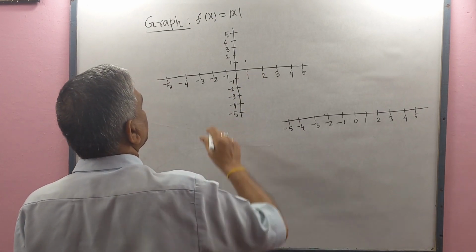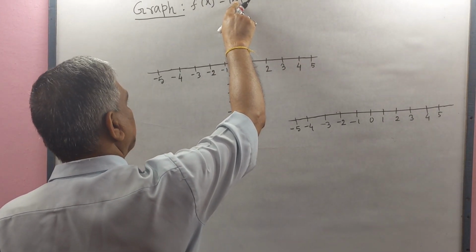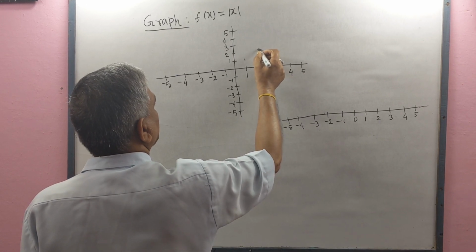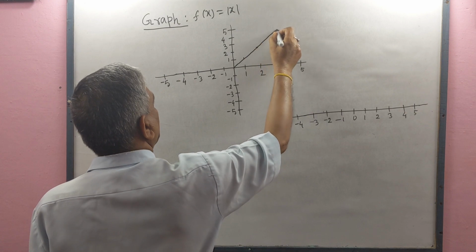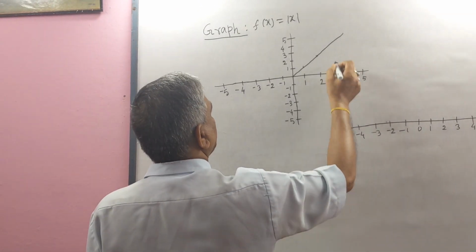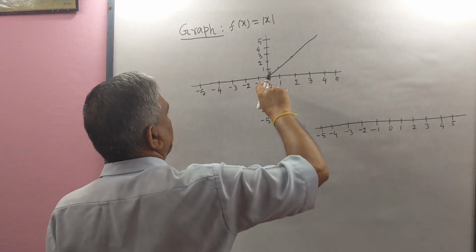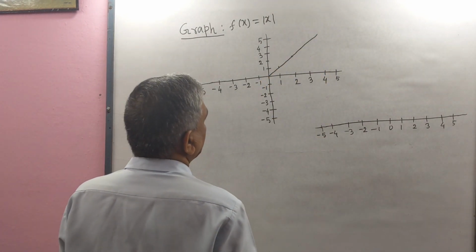If we put x equal to 2, modulus of 2 equal to 2. Similarly, for x equal to 3 we get 3. So the graph on the right side will be like this.